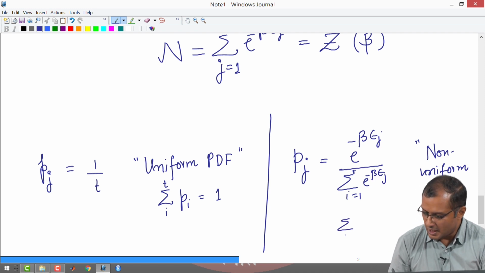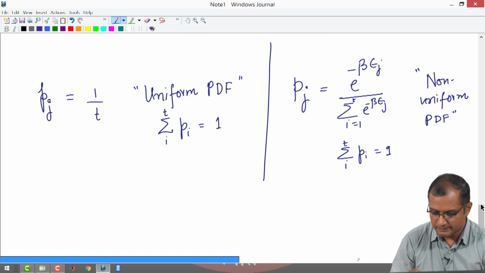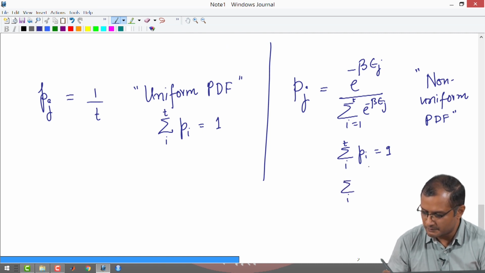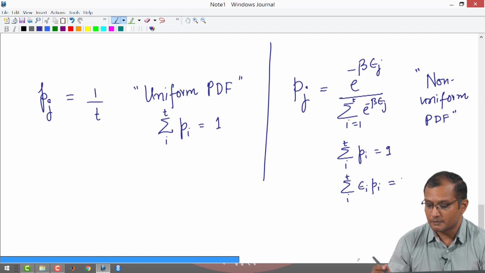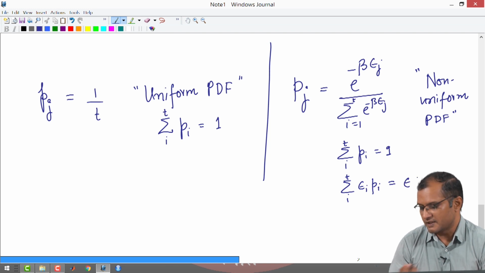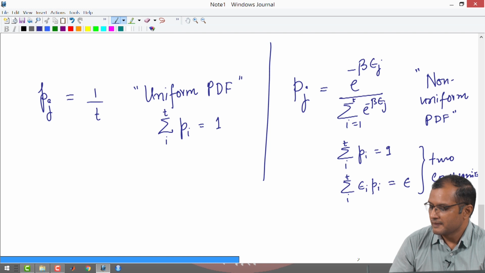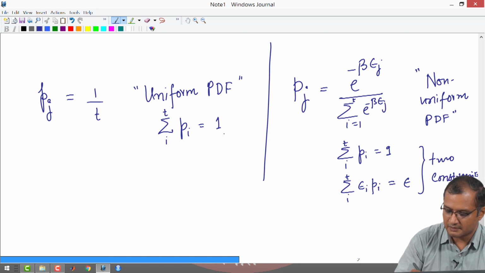So, above the well behavedness of the probability, I have two constraints here. One that the probability is well behaved, the other that the average value of the outcomes is fixed. Okay. So, I have two constraints here. And I have only one constraint here.